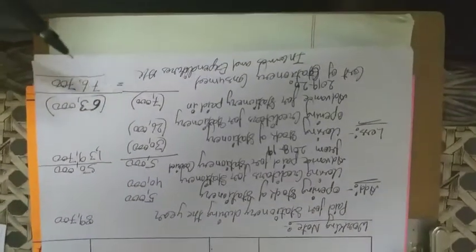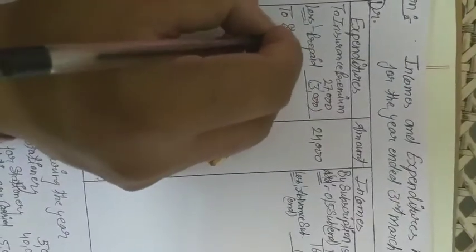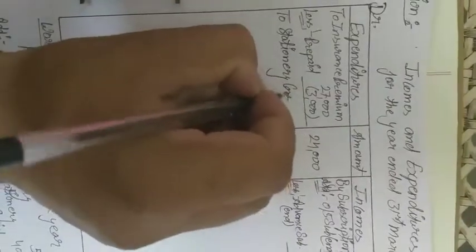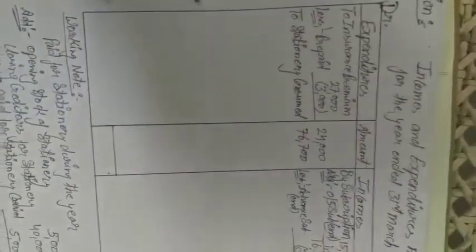Consumption will be transferred to the payment side, that is the expenditure side. This is the expenditure for stationery for the current year, 76,700. So on the payment side, the expenditure side, stationery consumed 76,700. It is clear. This was the last adjustment of this question.